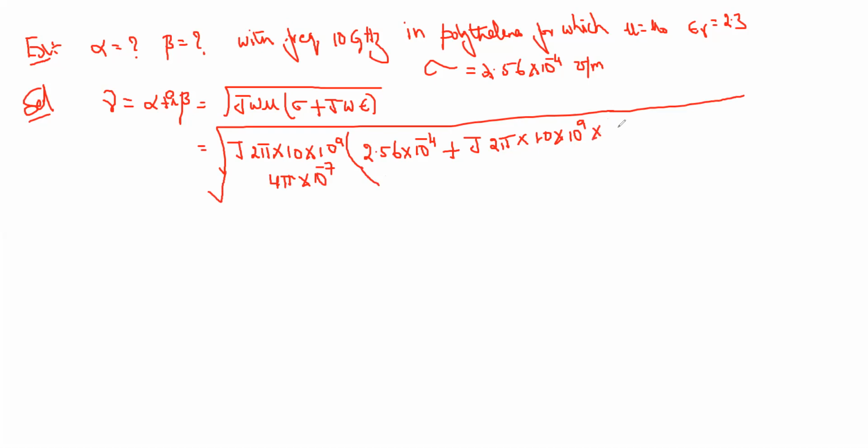Epsilon is epsilon naught, and epsilon naught is 8.854 into 10 to the power of minus 12, and multiply with 2.3. Is whole multiplied, that is equal to, okay, my dear students, that the gamma is equal to.